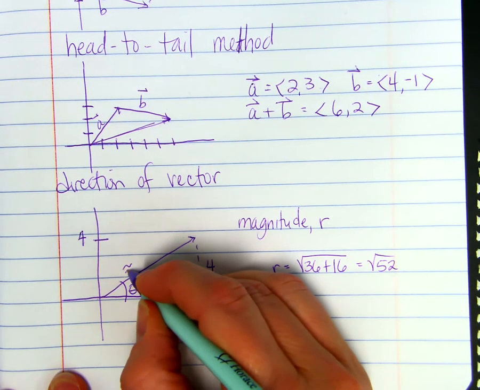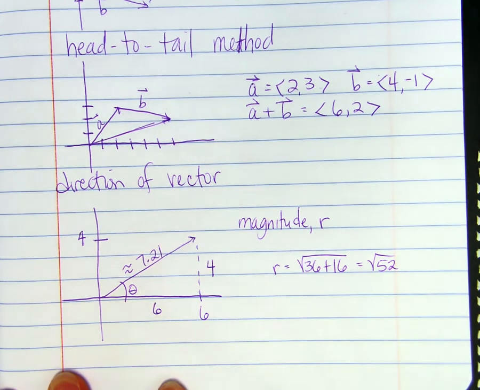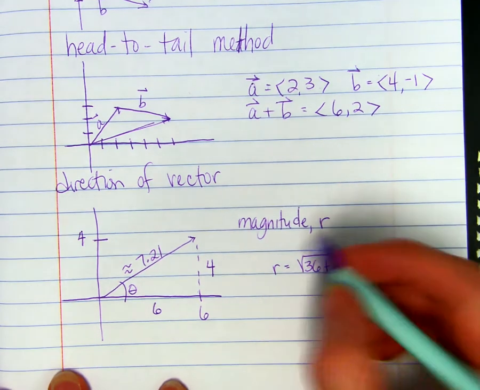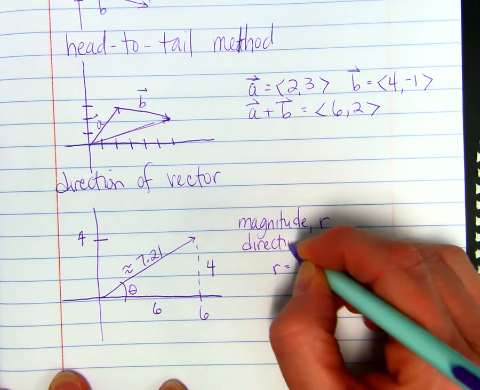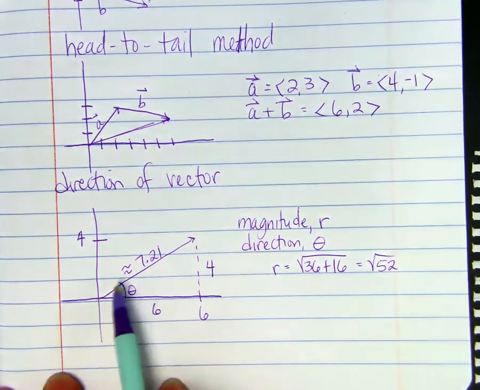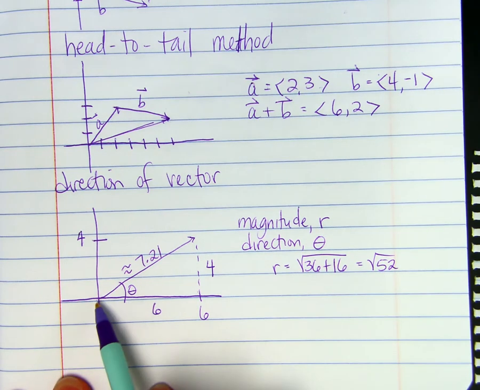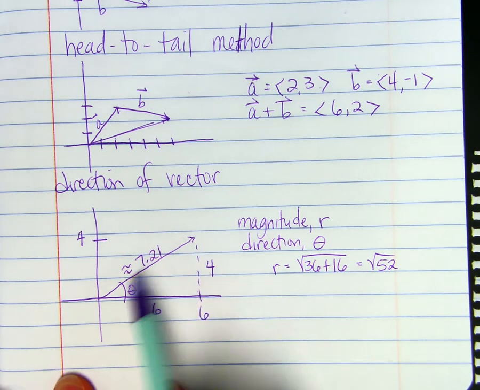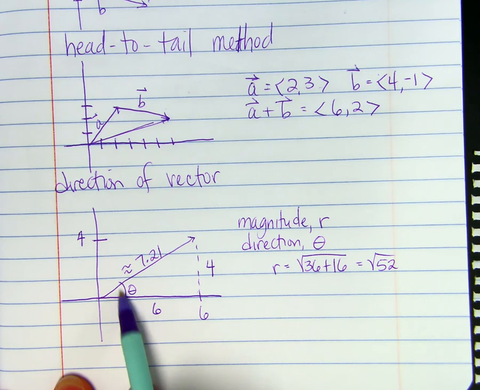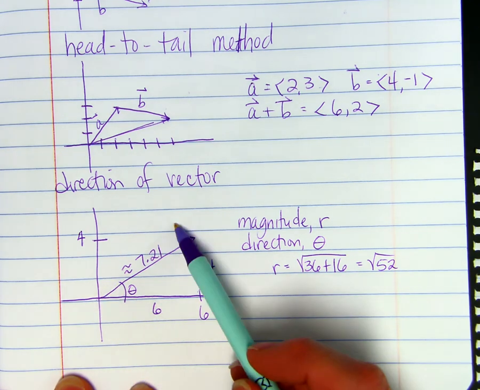So this is approximately 7 and 21/100. Then we have the direction we call theta. So theta will tell us what direction the vector is going in. So if theta is, say, 45 degrees, then we know it's going that way.